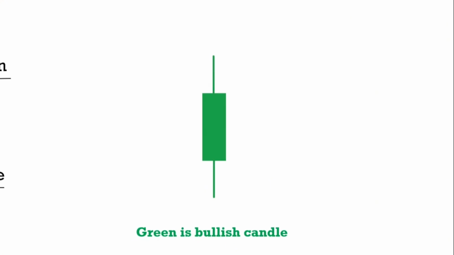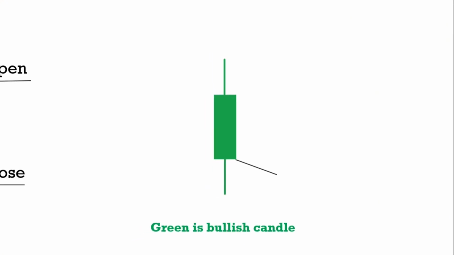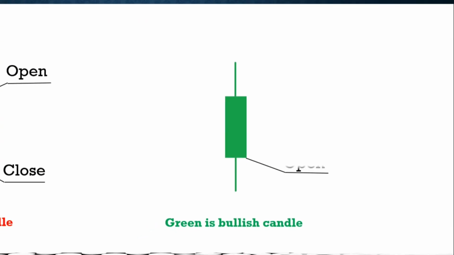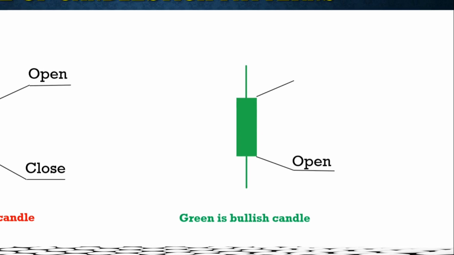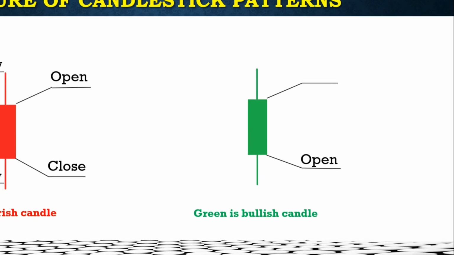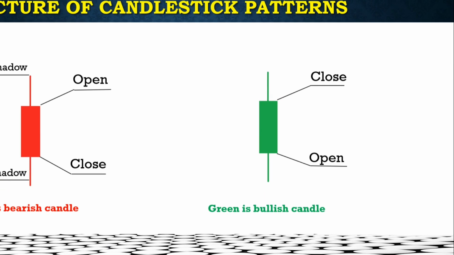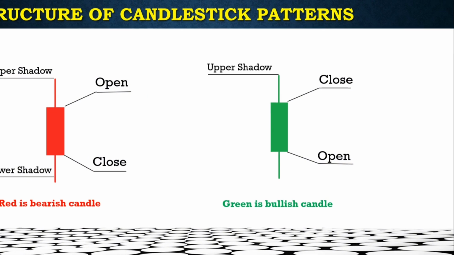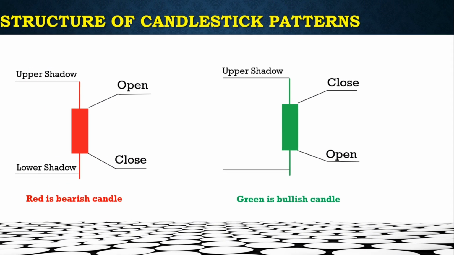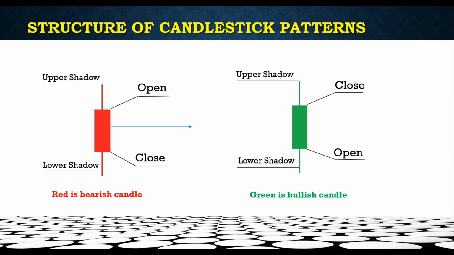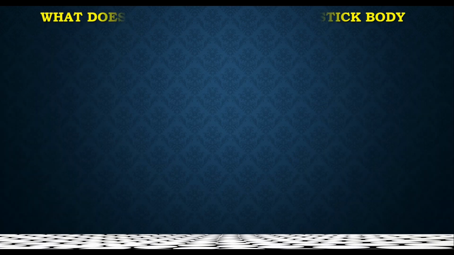For a bullish candlestick, the open price is at the bottom of the body and the close price is at the top. The wicks, just like before, represent the high and low points. Here's the body, and you can see the wicks extending above and below.